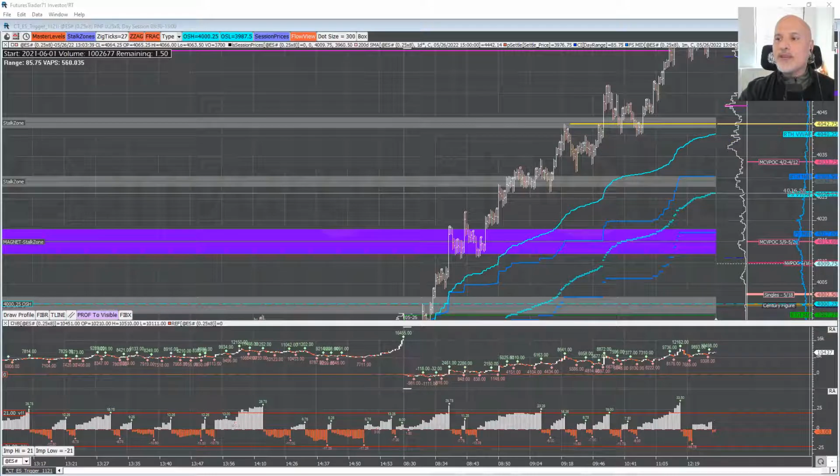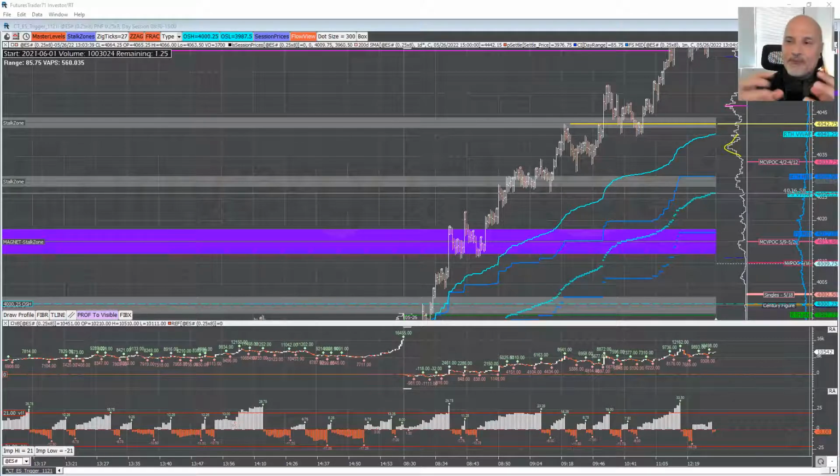So what I'm looking for is some structure in the form of buying and selling that has occurred in an area where I know there's likely to be better protection. Today is not such a great example of that.